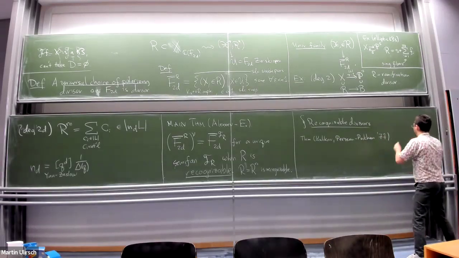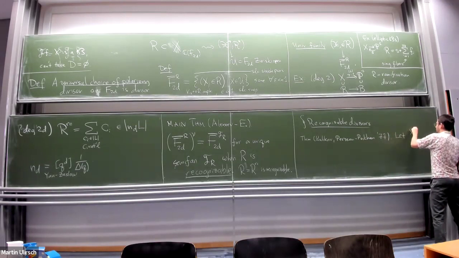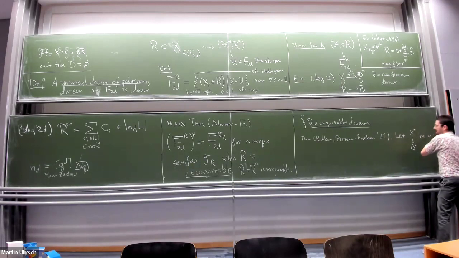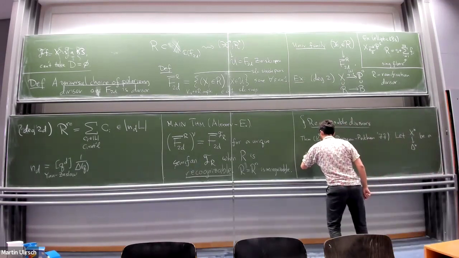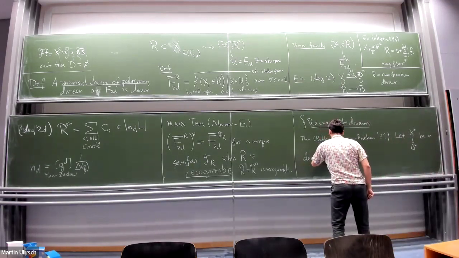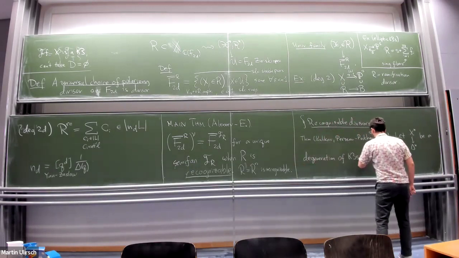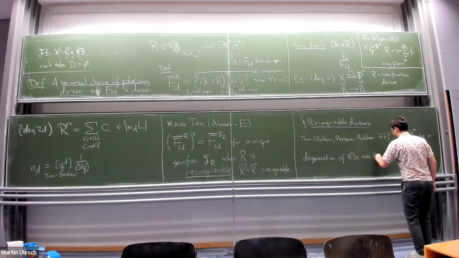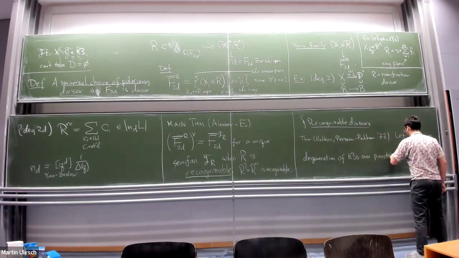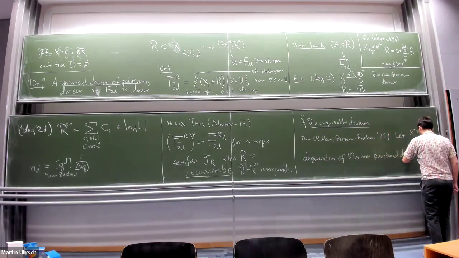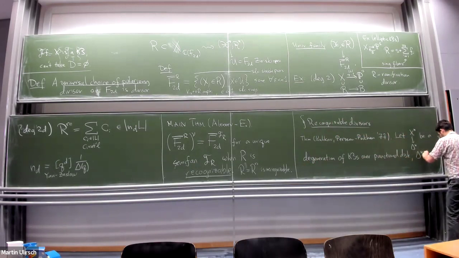So let X star over delta star be a degeneration of K3s over a punctured disk delta star contained in the delta.